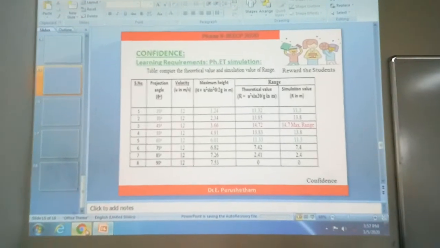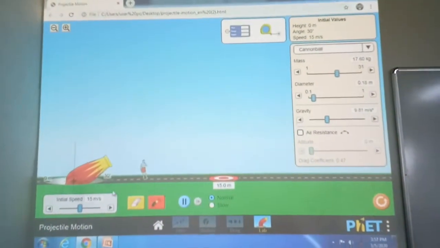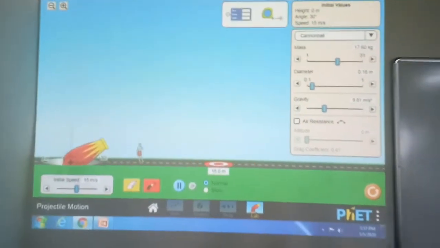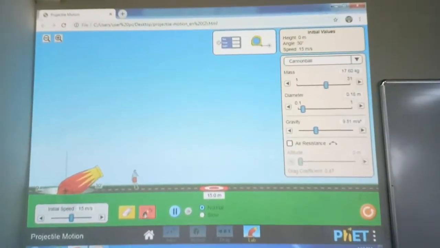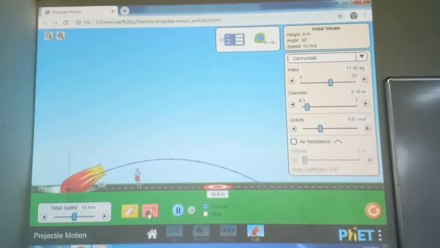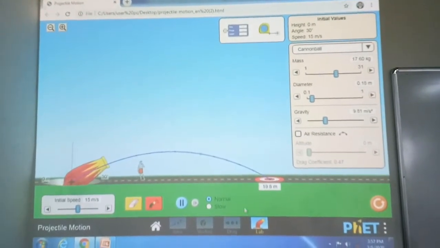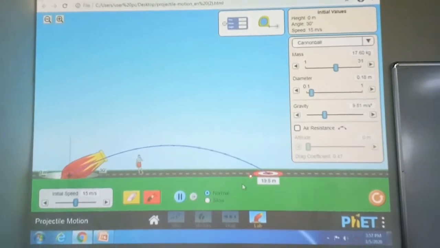Let us observe the simulation process. For example, theta equal to 30 degrees. We can observe the range. From this simulation, it has a range of 19.8 meters.